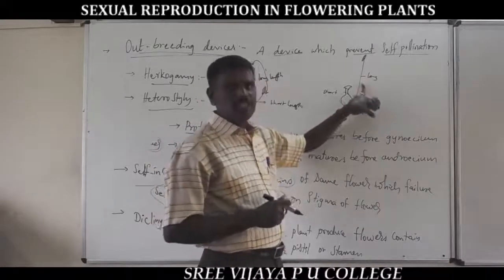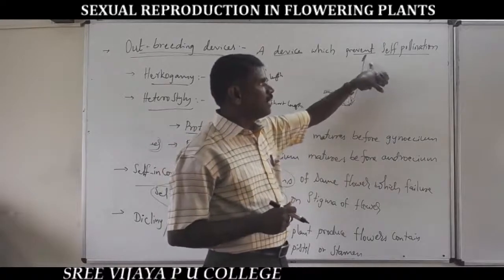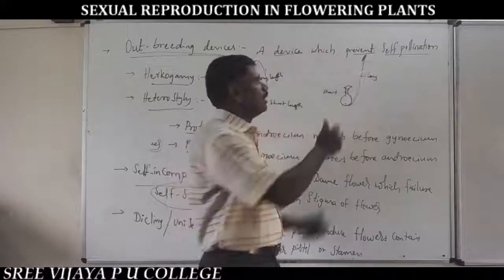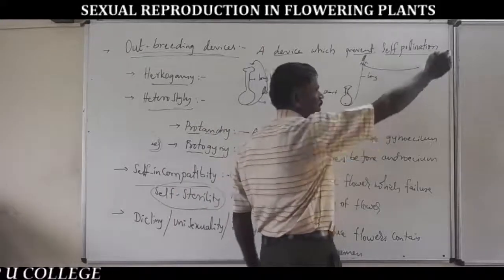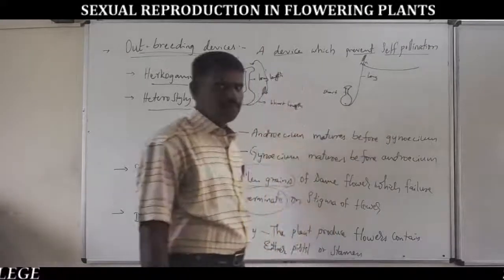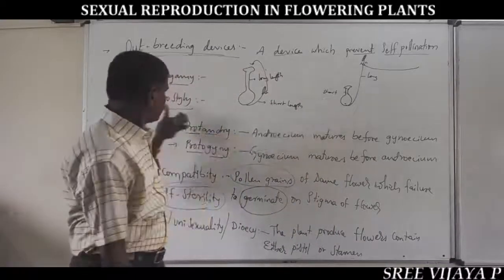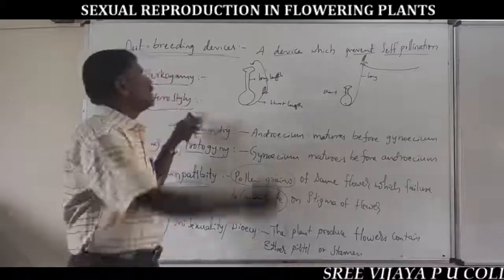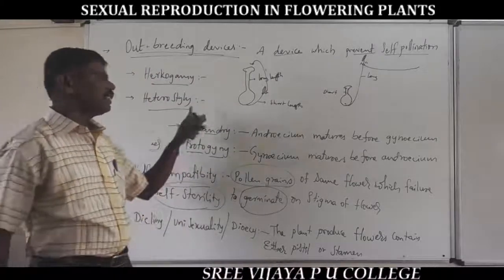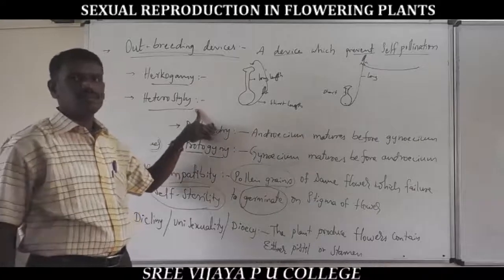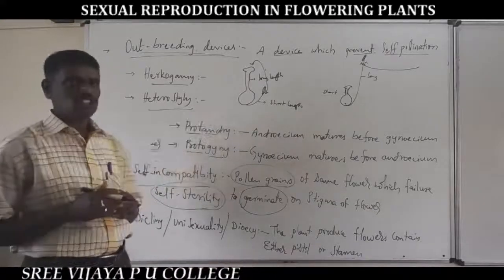During such a condition, at the time of dehiscence of the anther, the released pollen grains are carried away by wind currents. Heterostyly is also one of the outbreeding devices which prevent self-pollination and promote cross-pollination.